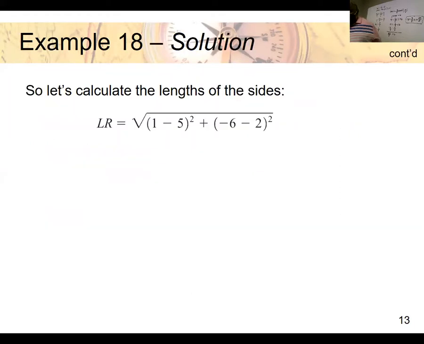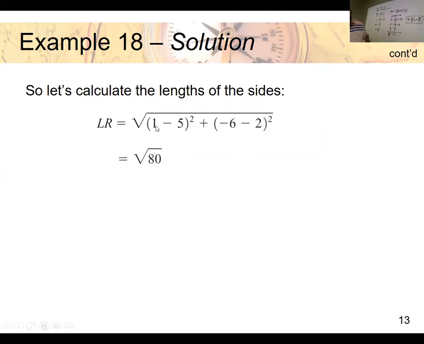So here we're going to calculate the distance from L to R using those ordered pairs. All right, so in this case, L has the ordered pair of (1, -6), and R has the ordered pair of (5, 2). So it'll be x2 minus x1, which is 1 minus 5, and that's going to be squared, plus the square of the differences in your y coordinates, -6 minus 2, and that's going to be squared.